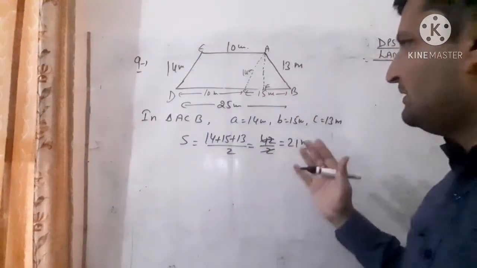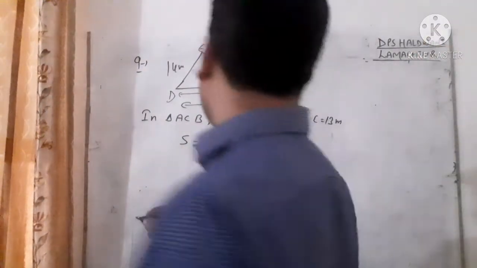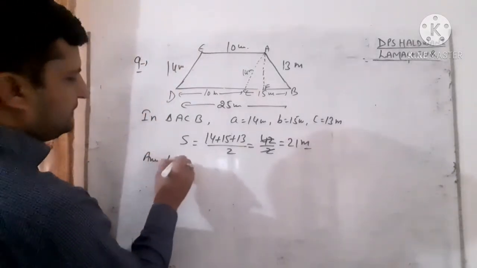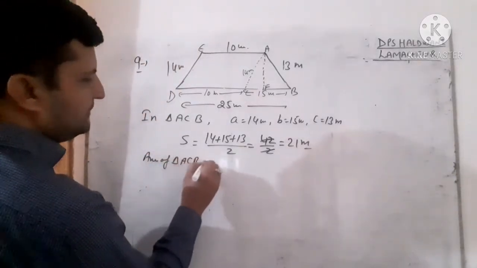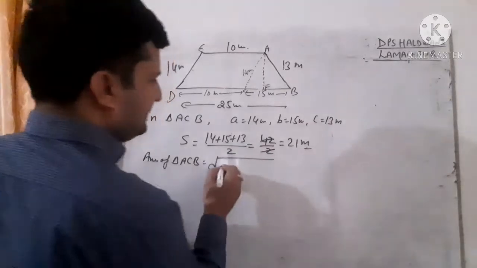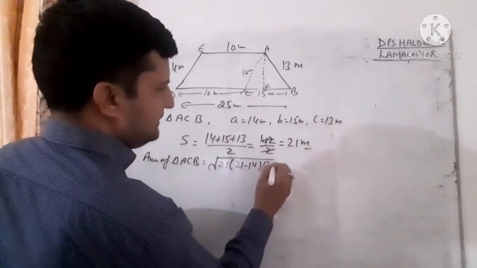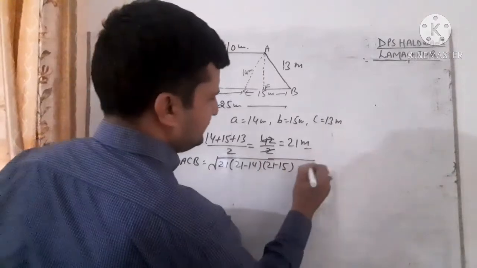It is coming, student, 21 meter. Now we have to find the area of this triangle. So area of triangle ACB is equal to root, we can use S minus A, S minus B, and S minus C.